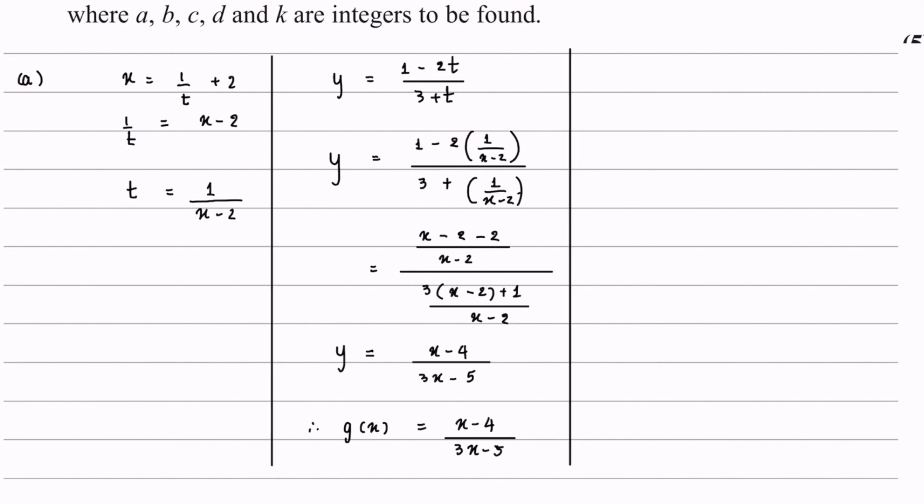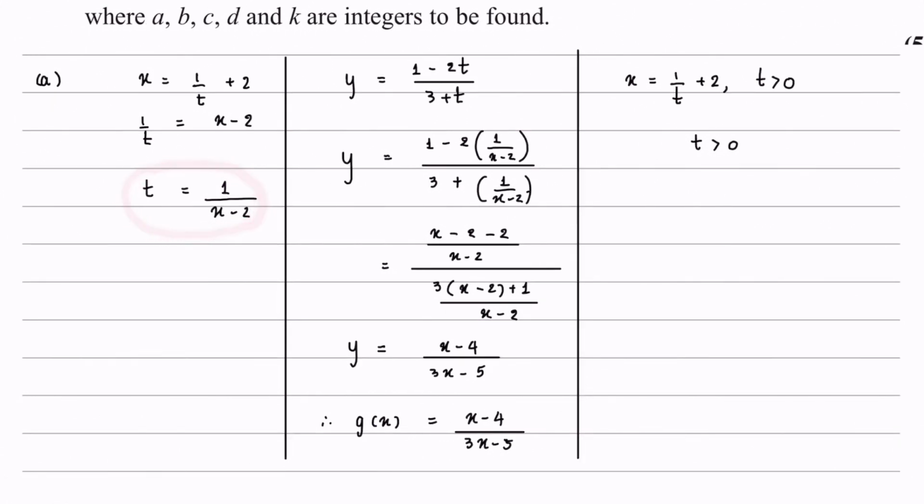And next we have to find the domain of this function. So the domain of the function is x. x is originally 1 over t plus 2 when t is greater than 0. From t is greater than 0, we know that t equals 1 over x minus 2. So we substitute it here, 1 over x minus 2 is greater than 0.